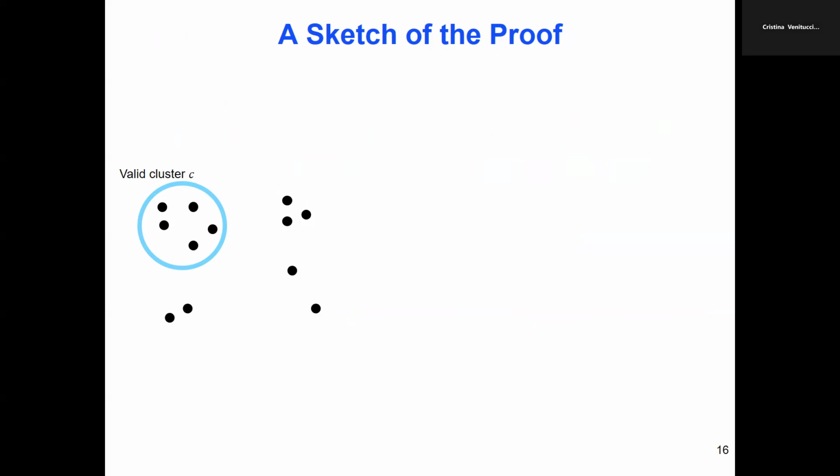Imagine that at some stage, I have this valid cluster here in blue. It means that all the objects inside the blue circle have a higher similarity to each other than to any object outside the blue circle. So that's why we have a valid hierarchy. Imagine that earlier on I had all these other clusters.